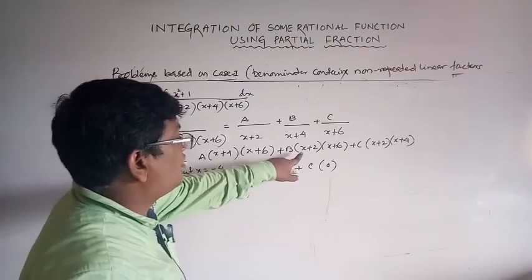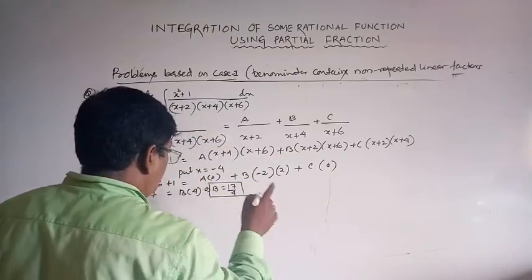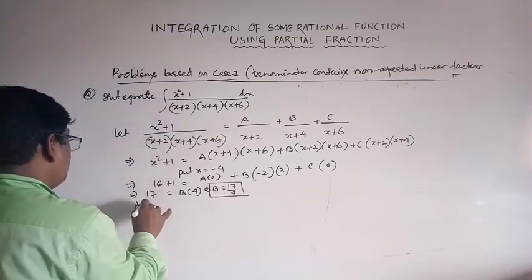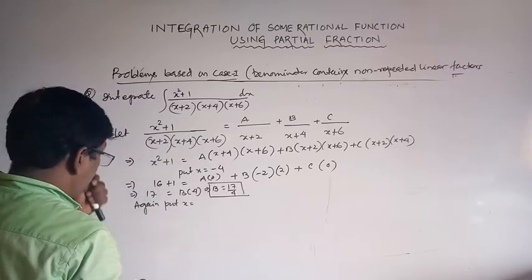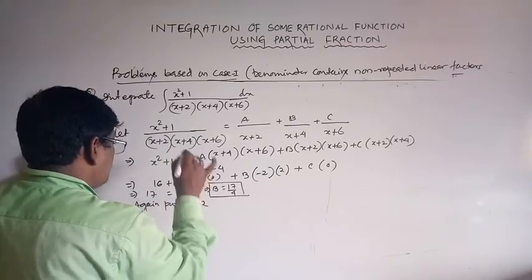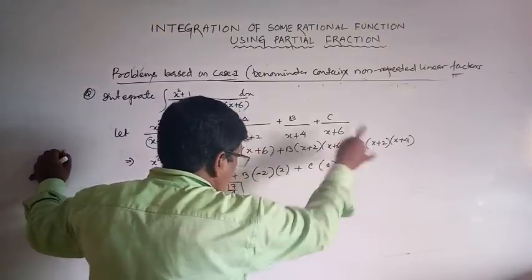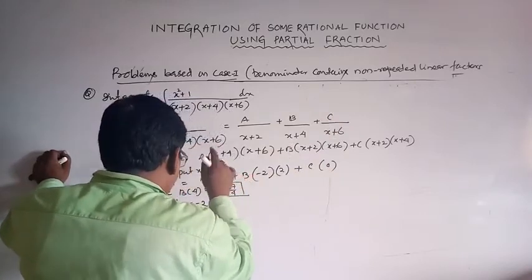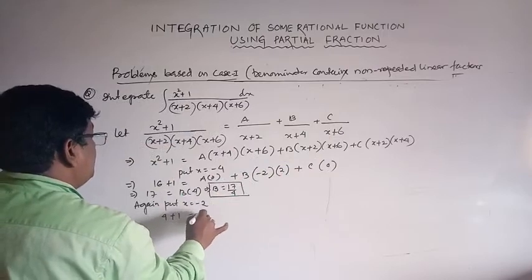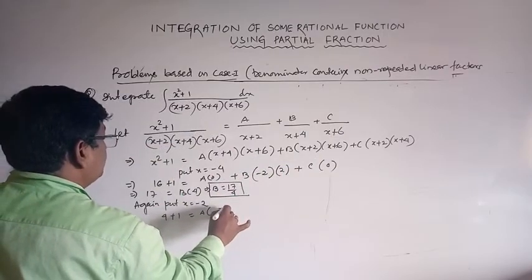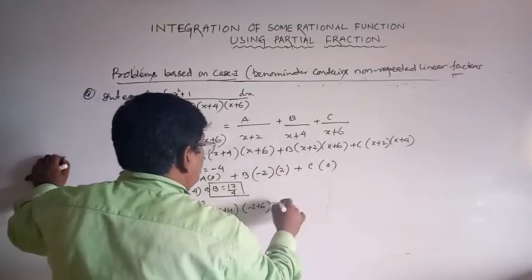Again, eliminate the second term. Put x equal to minus 2. So this term is 0 and this term is 0, remaining only the A term. So minus 2 squared, 4 plus 1, equals A into (minus 2 plus 4)(minus 2 plus 6), and the other terms are 0.